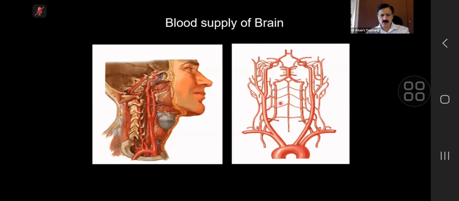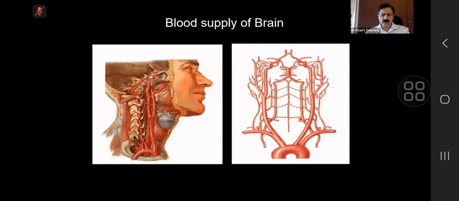Here is the left common carotid. Let's trace the left common carotid, internal carotid, external carotid. The internal carotid passes through the carotid canal, and then the supraclinoid portion. Actually, this is the ACA, this is the ACOM.